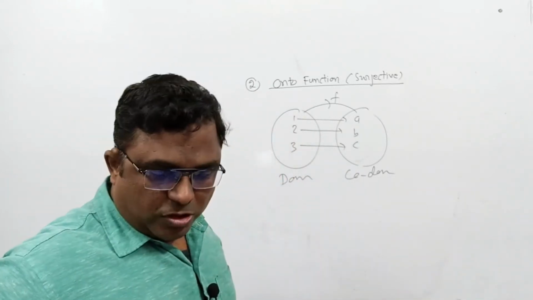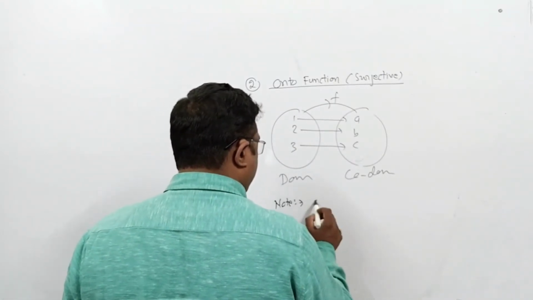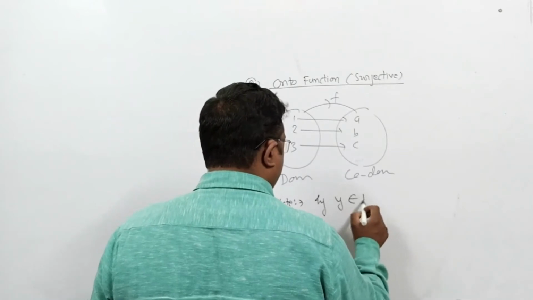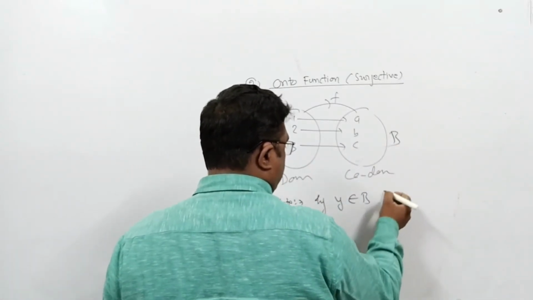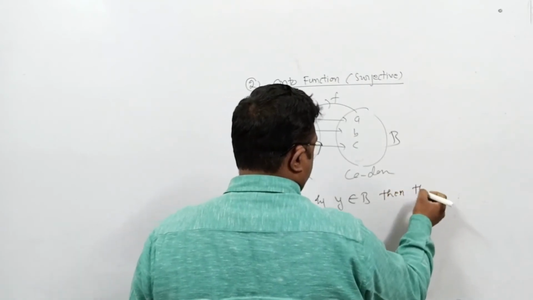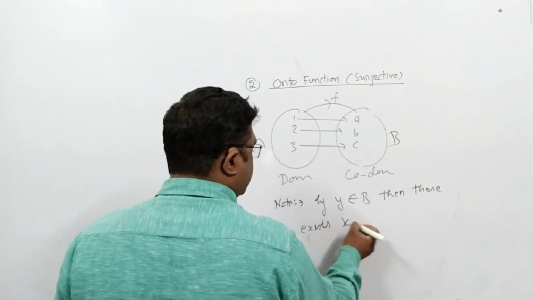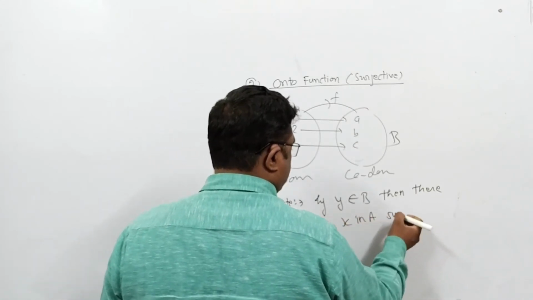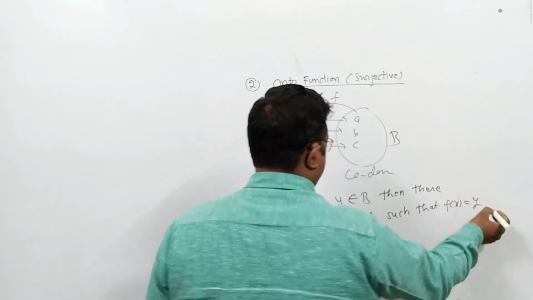Regarding the onto function, you should remember: if y belongs to B, B is this set, A is this set, then there exists x in A such that f(x) is equal to y.